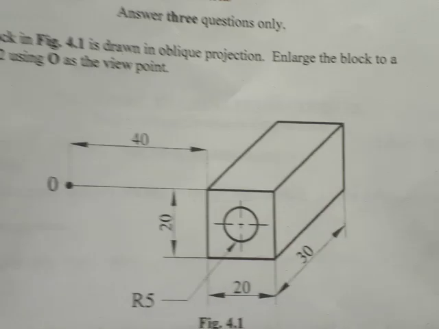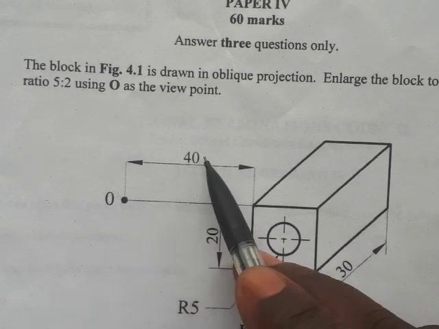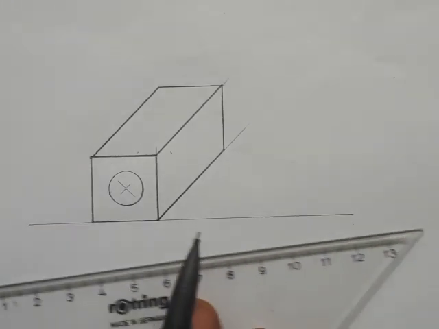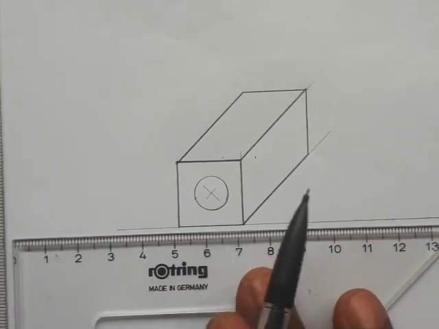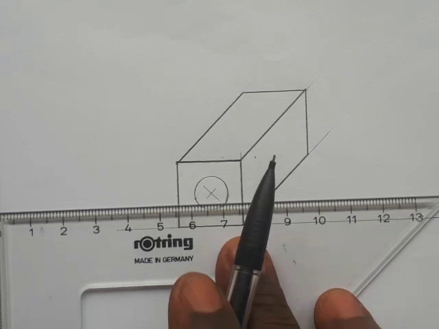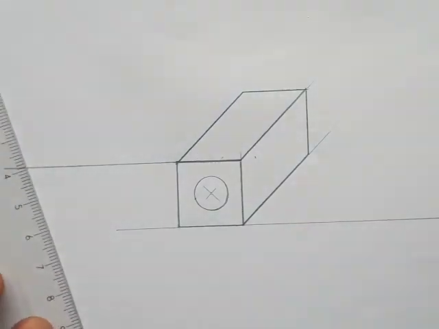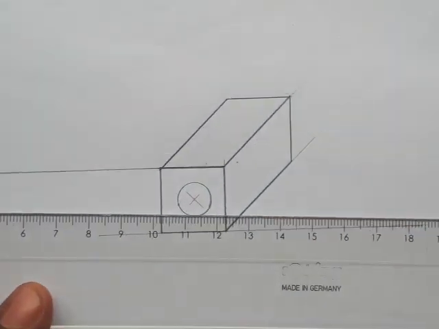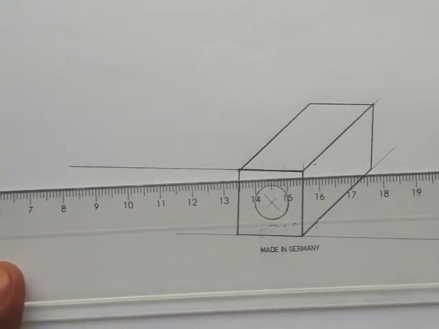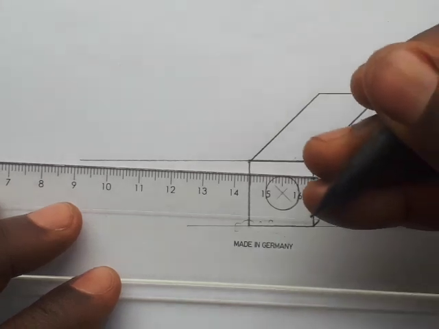Before then, we were told that the viewpoint O is at a distance of 40 mm from this point. So we're going to transfer a horizontal line here. I'm going to draw a thin line, and we're going to measure 40 on that line. Now we'll measure 40.